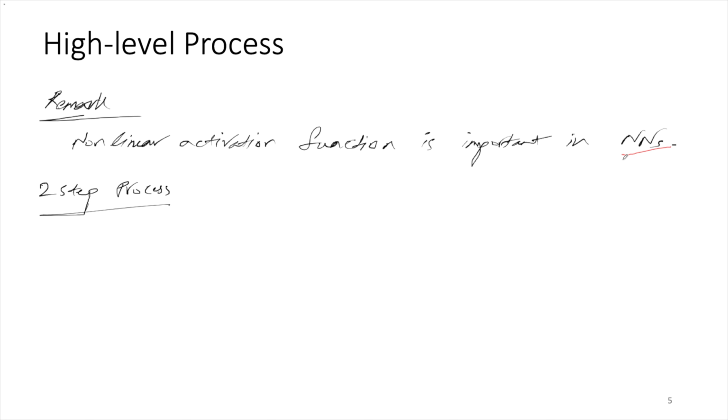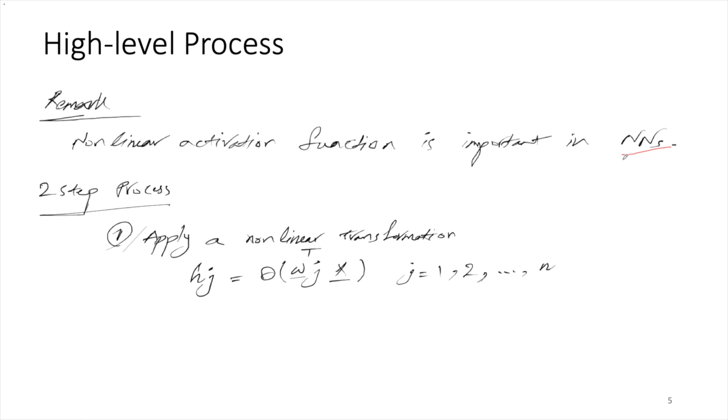So if you want to define a very high level process of a sample neural network, you first apply a nonlinear transformation as h_j is equal to theta of W transpose j multiplied by x's for j from 1 to n.